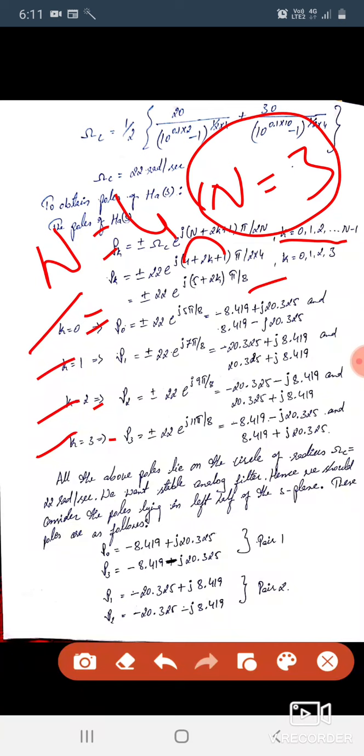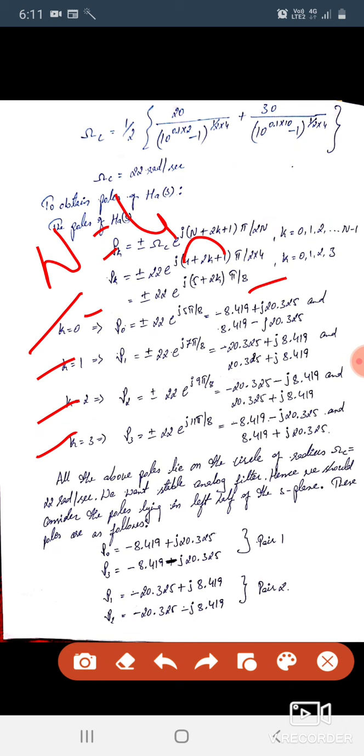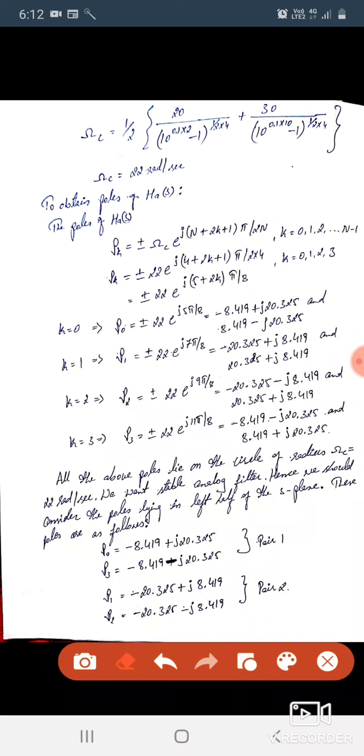Okay, next if I substitute k equals 0, we will get pole 0, just plus or minus 22 e power j 5 pi by 8.